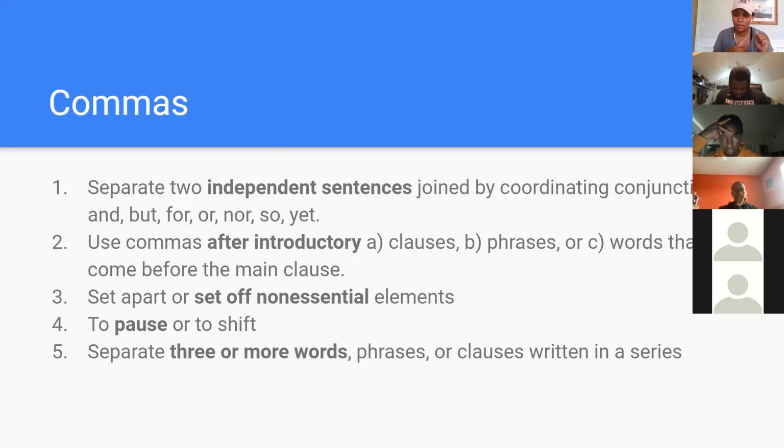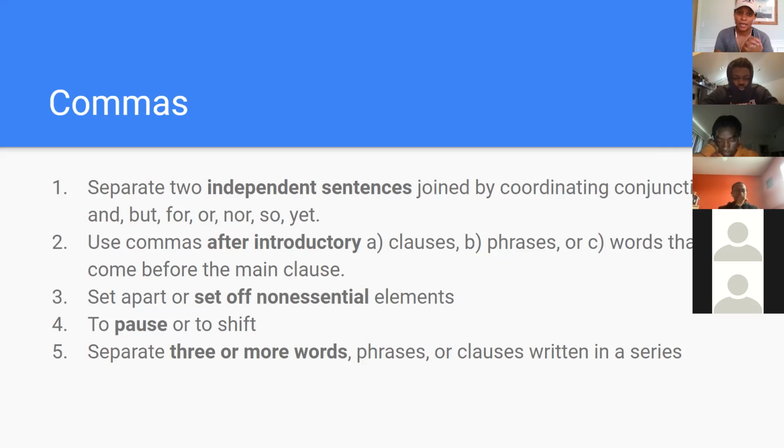Jesus wept and he cried. So those are 2 independent sentences, and they're joined together by some type of conjunction. So I said Jesus wept, comma, and he cried. So if I see 2 independent sentences joined together by a conjunction, meaning and, but, for, or, nor, so, or yet, then a comma goes in between, just automatically, right?